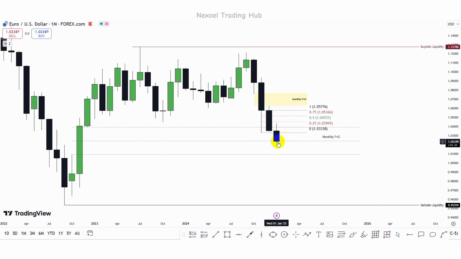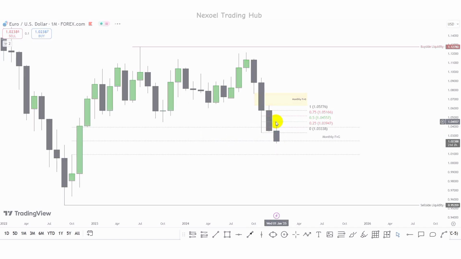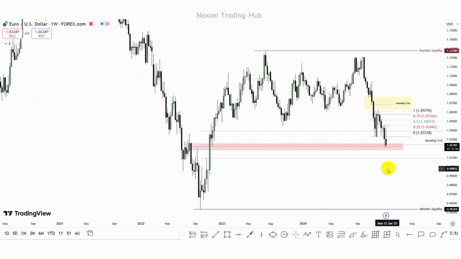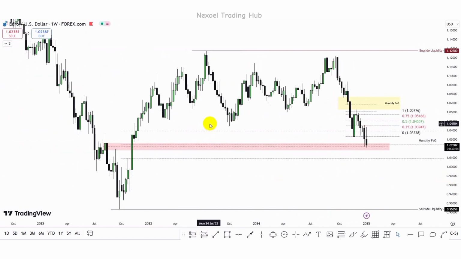And for us to establish the confluence of the 25% and 50%, we want to see sponsorship zones in lower time frames. So we now drop to the weekly time frame, and what we can clearly see here, based on the identification within the monthly fair value gap, is this order block that was violated with this impulsive movement to the upside, and we can see a fair value gap in confluence to this order block that was violated.